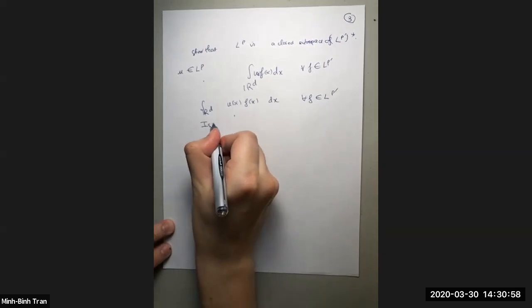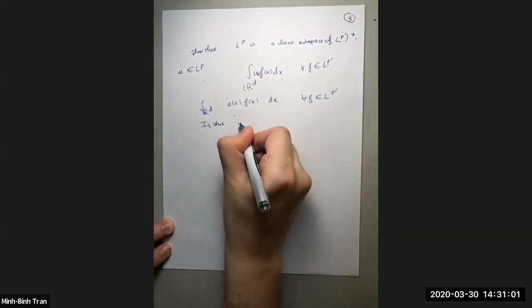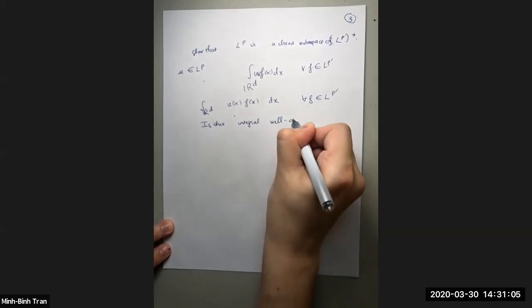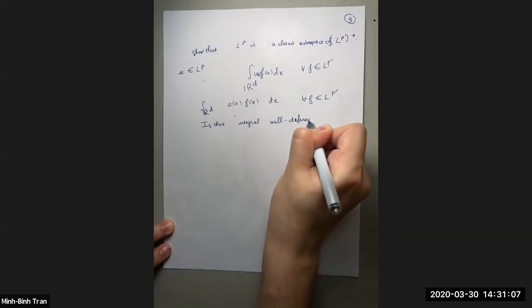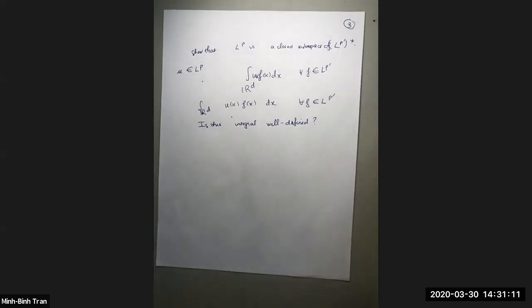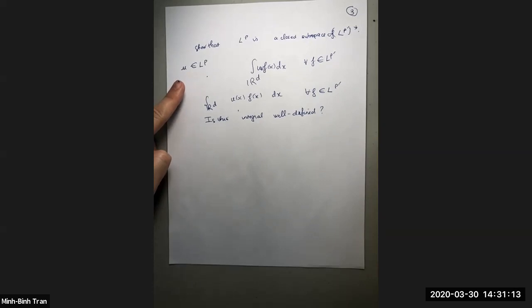So is this integral well defined? I'm going to pick a u in L^p, and I multiply that with all of the functions f in L^p'. My question is, can I do that?